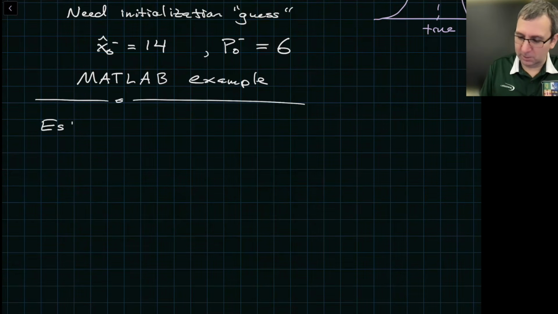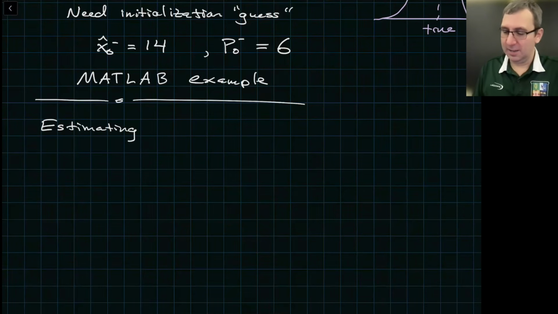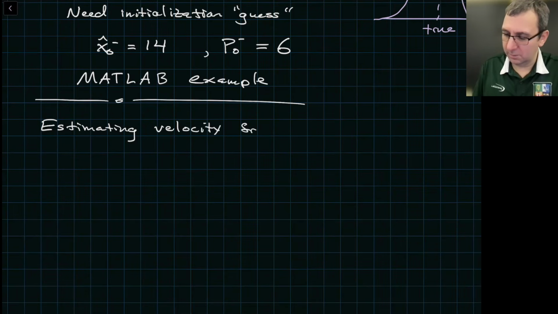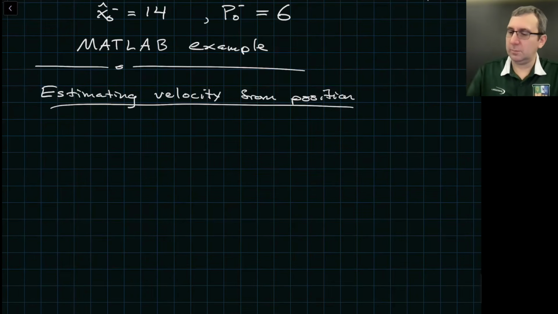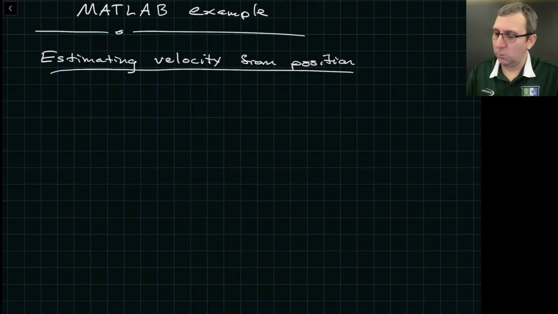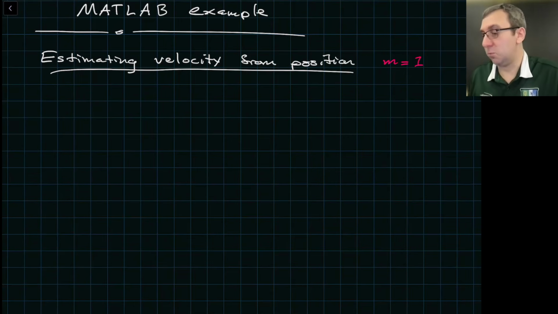Now we'll look at something more complicated, but not that much more complicated: estimating velocity from position. We're just going to be doing this in one dimension. So we're taking a one-dimensional measurement, so m equals 1.